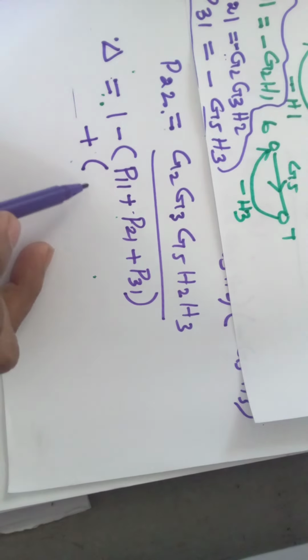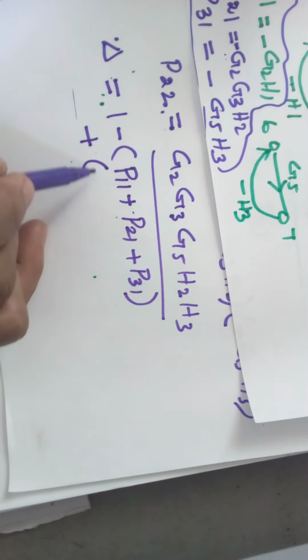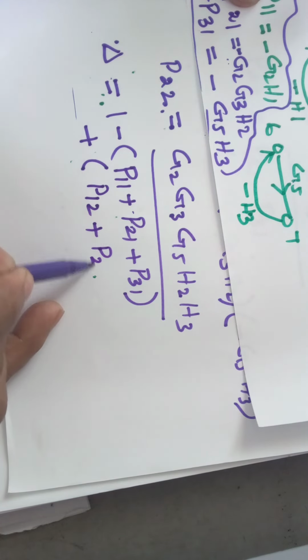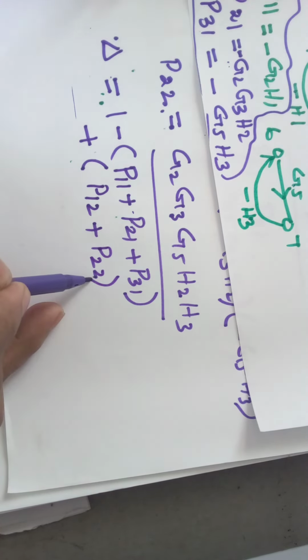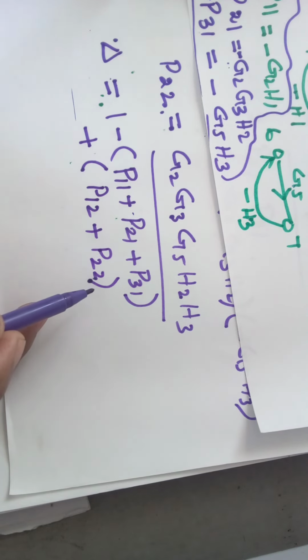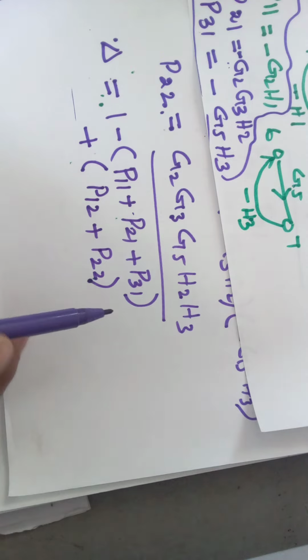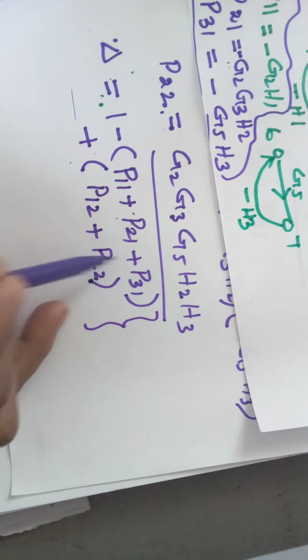So here the two non-touching loops are P12 plus P22. Next, minus three non-touching loops. There are no three non-touching loops, so we end the formula with these two terms.